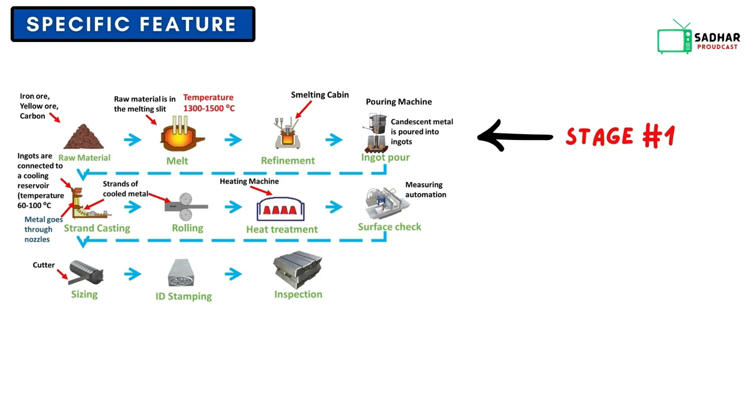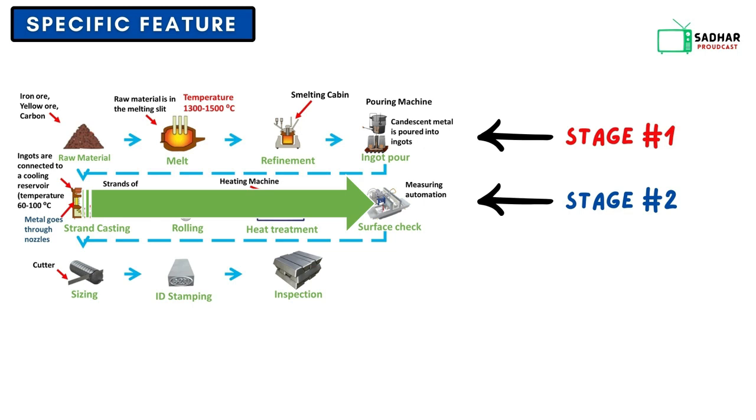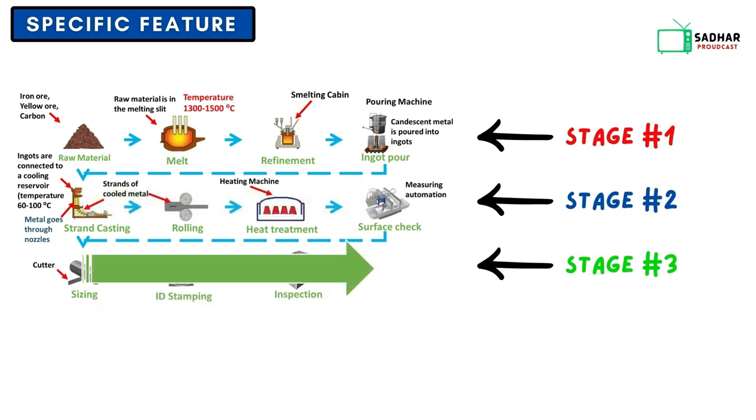For example, this one is stage 1. Okay, that means step 1, 2, 3, and 4. And then this is stage 2. The next steps 5, 6, 7, and 8. And then stage 3, 9, 10, and 11.